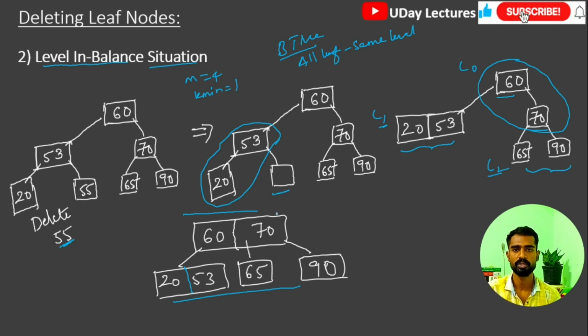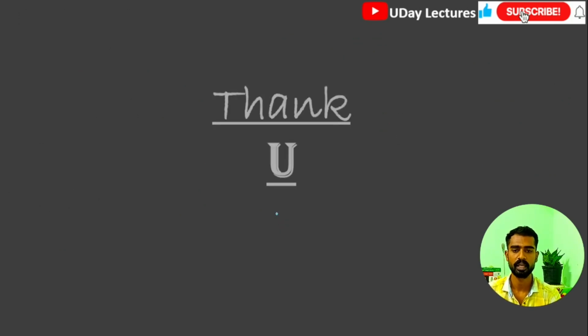I hope you understood the different cases that are possible in all the deletion operations. It is really important to understand how you can solve a real-time problem for B-tree deletion, and where you can make use of all these different cases. Do watch the next video to understand where you can make use of all these operations to perform deletion in a B-tree problem.